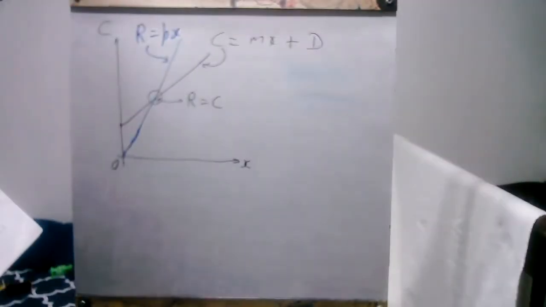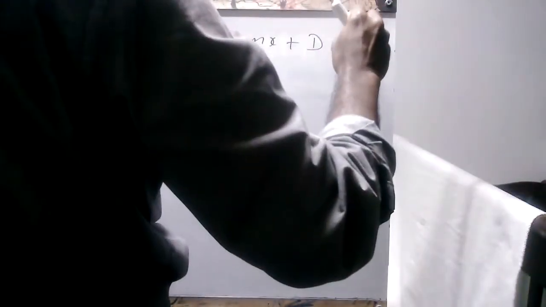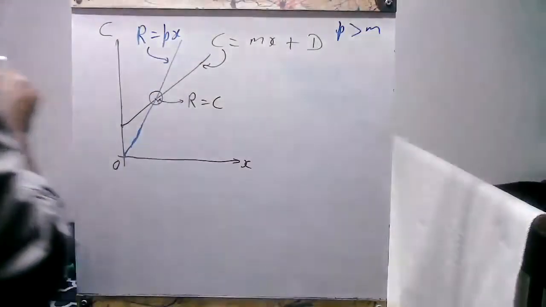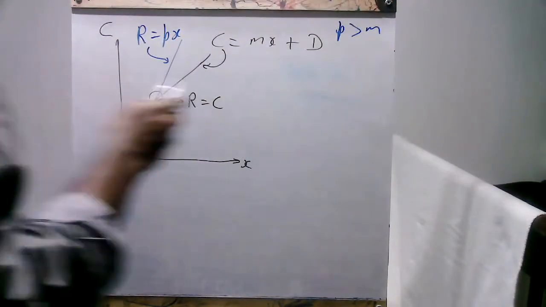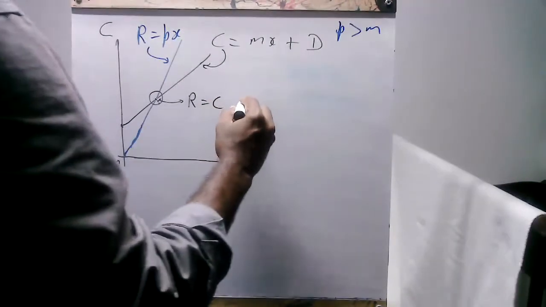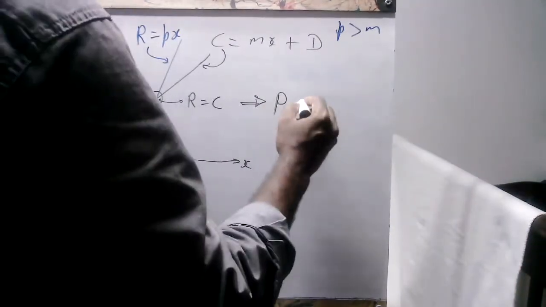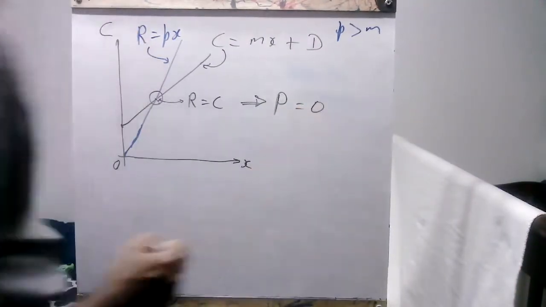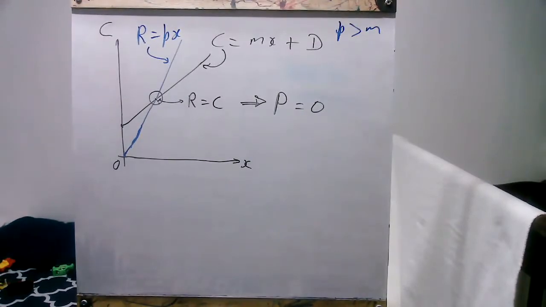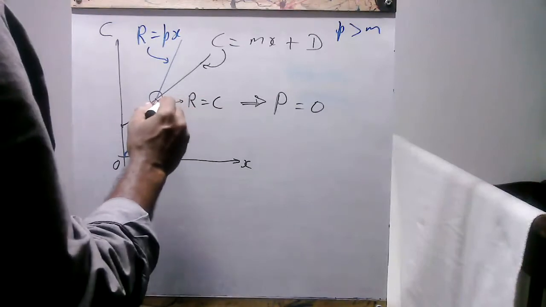I erase this. Write P greater than M here. This implies when R equal to C means you make nothing. That means what's your profit? Profit equals to 0. And this point has a special name.